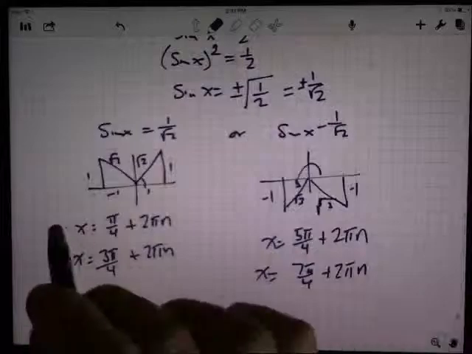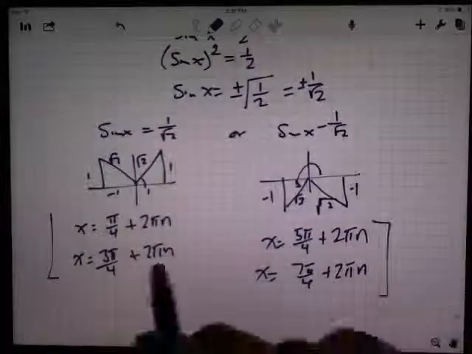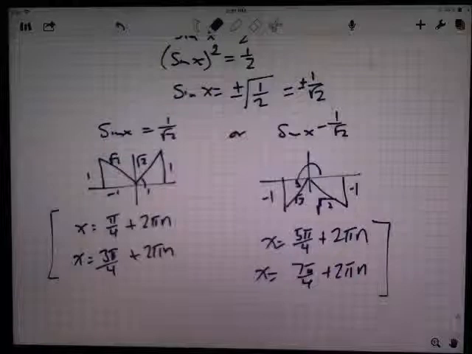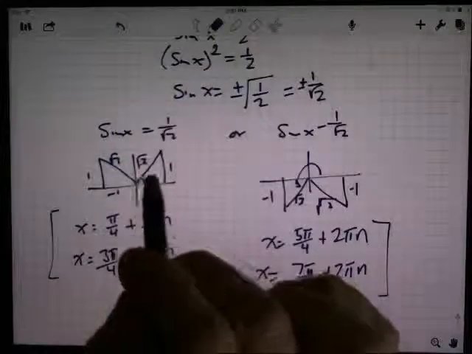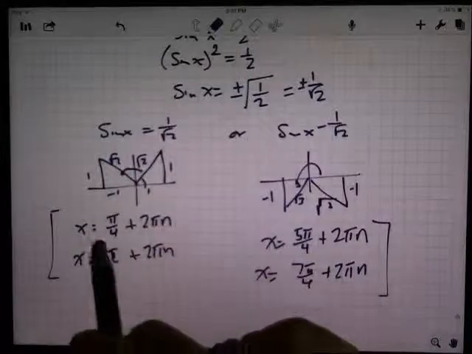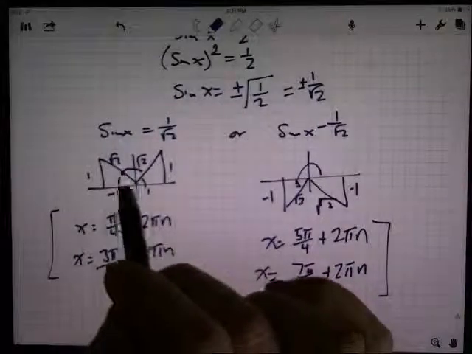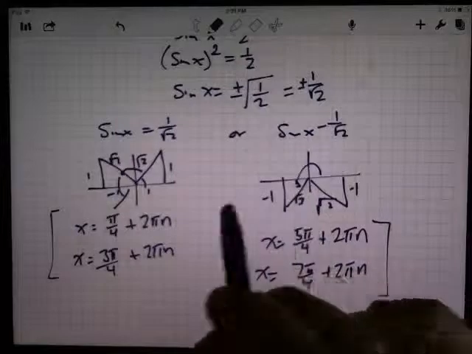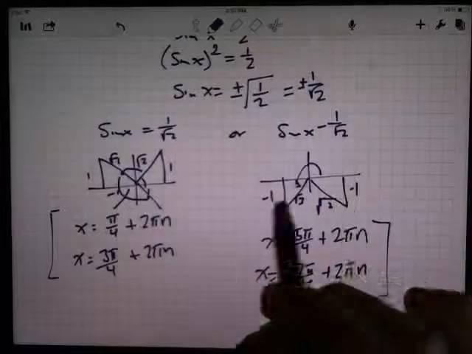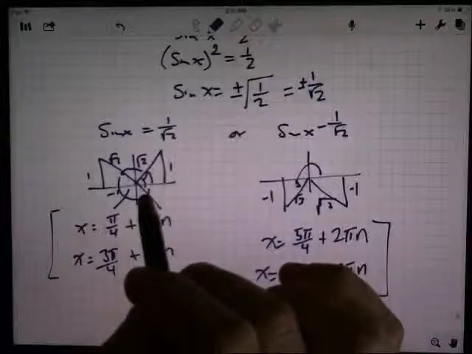So if you gave me all four of these equations as an answer, it's like, okay, you've got them all. Some people might notice that we can actually say this a little easier, because the gap between here and here is pi over 2, and the gap between here and there is pi over 2, and the gap between here and here is pi over 2, and from here to there it's pi over 2.